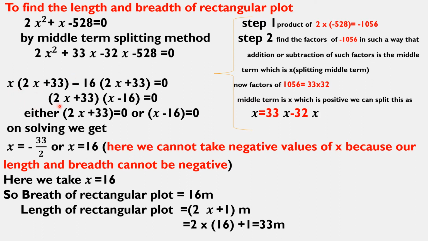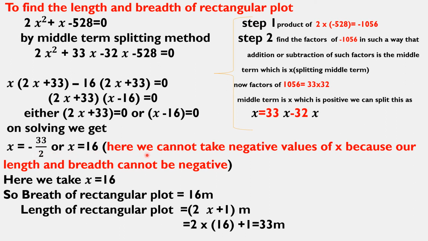So after all, we get (2x plus 33) multiplied by (x minus 16) equals 0. We can write this as either 2x plus 33 equals 0 or x minus 16 equals 0. On solving, we get x equals minus 33 upon 2 or x equals 16.